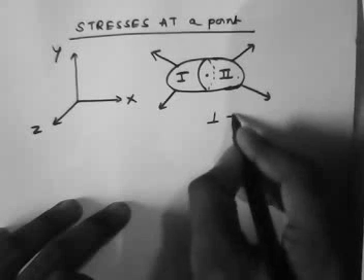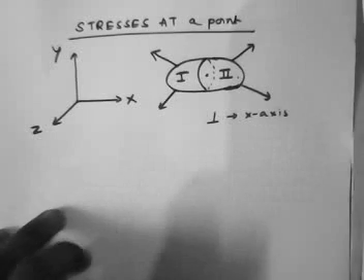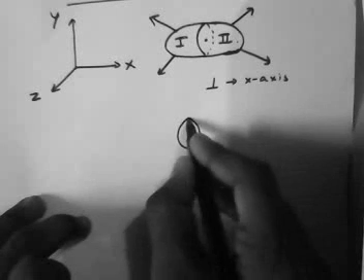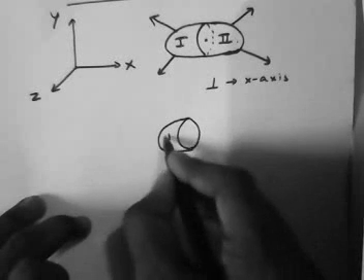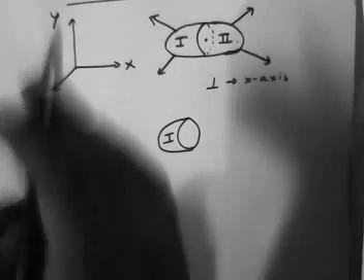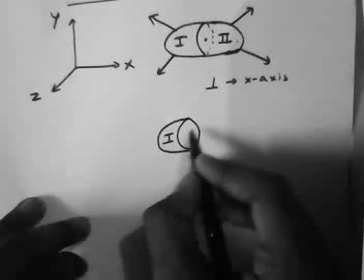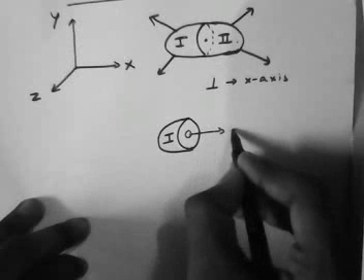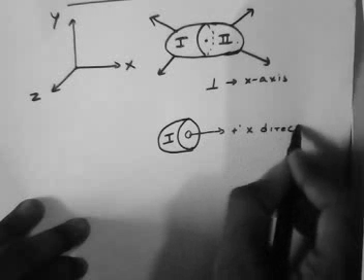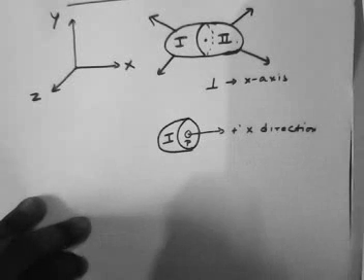And if we cut a plane which is perpendicular to the x-axis, then it will look like this, and that is basically part 1. This is part 1, this is part 2, and we are cutting a plane which is perpendicular to the x-axis. Okay, and if you consider, this is the positive x direction.